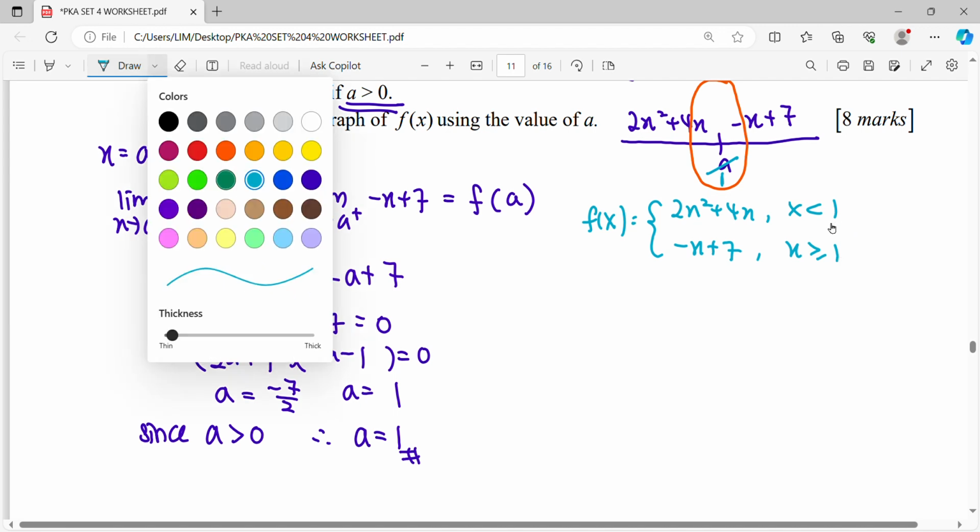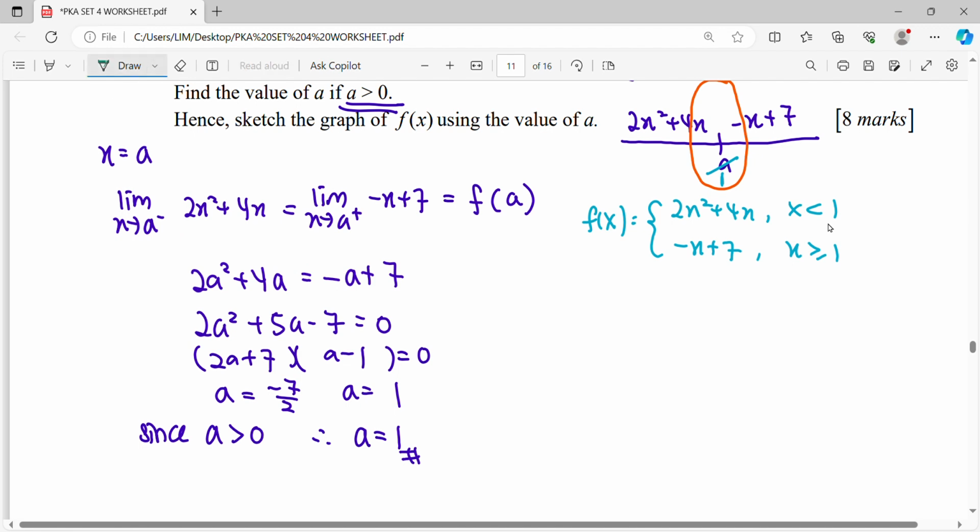Find your coordinate first. When x equals 1, for the first function, which is 2x squared plus 4x, you need to know where the ending point is. When x is less than 1, from the left hand side we draw the quadratic, but it must end at 1, not included.